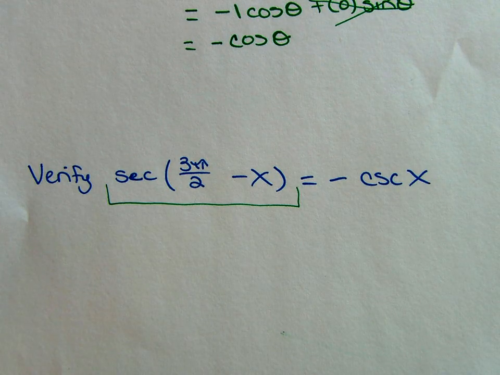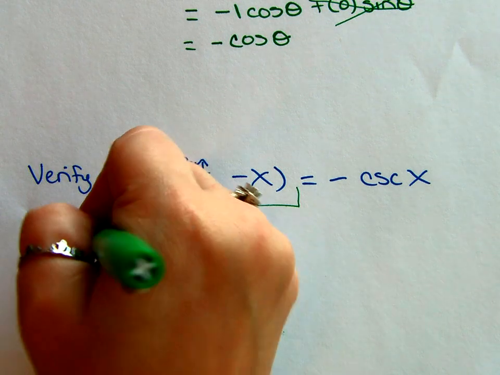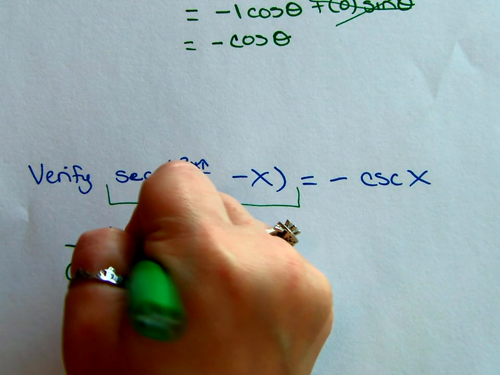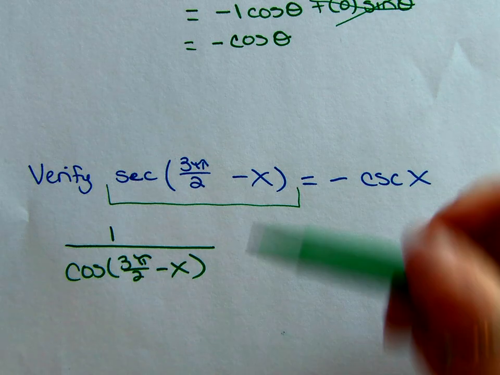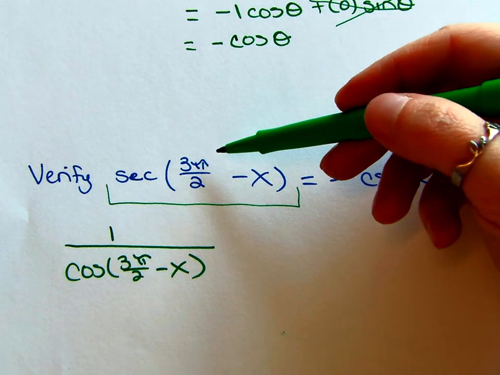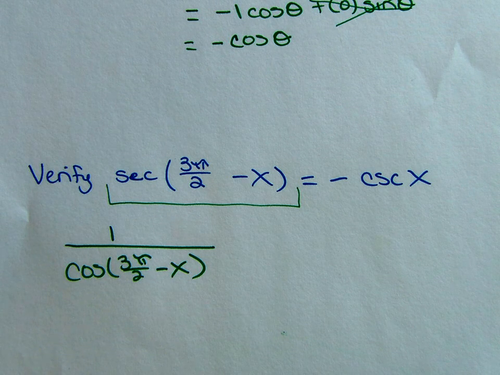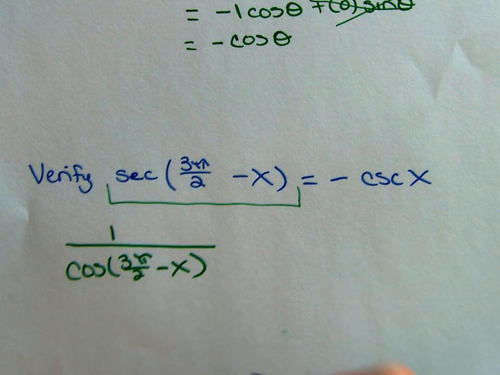Because what I know is that 1 over cosine of 3 pi over 2 minus x is the same thing as secant of 3 pi over 2 minus x. That's just using the definition of secant in terms of cosine. But then what do you know about the bottom? It's a difference. It's a cosine of differences. So we can expand that out, where we're going to have a really big fraction.